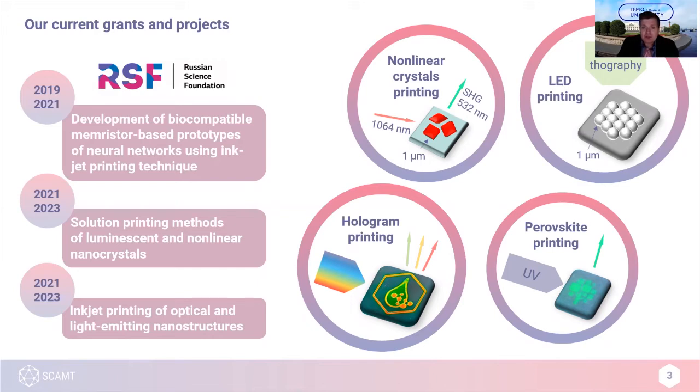The first one is memristor fabrication by inkjet technique. Memristors are small devices for intercellular detection, intercellular operation, and storing hypotheses and algorithms for cell communication.